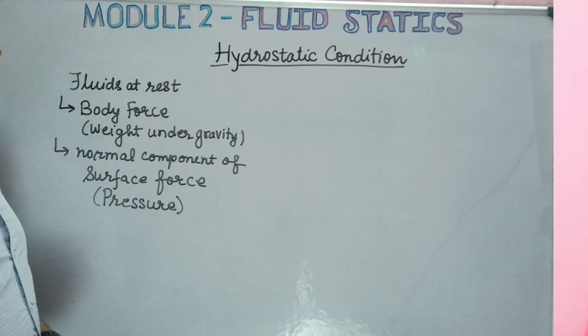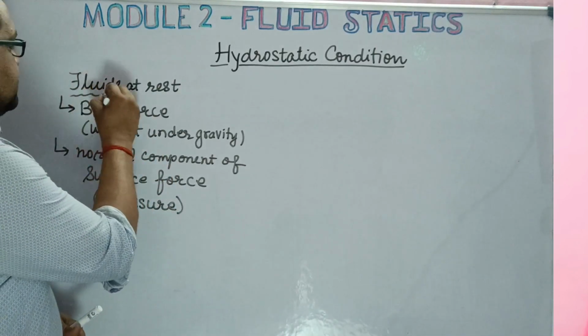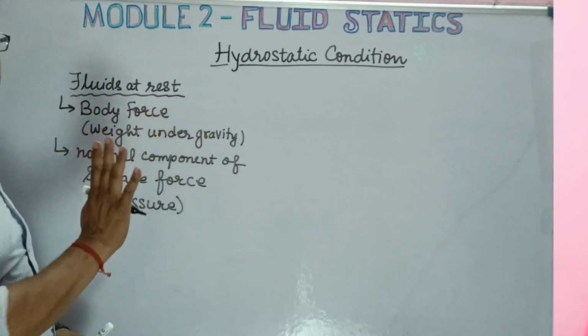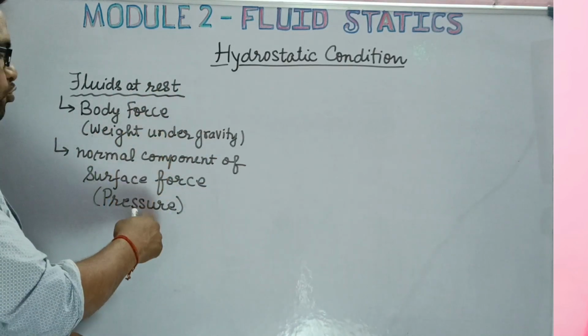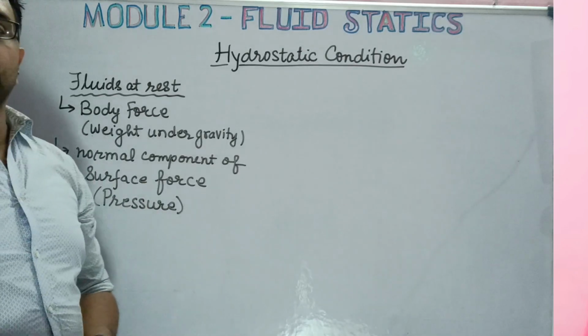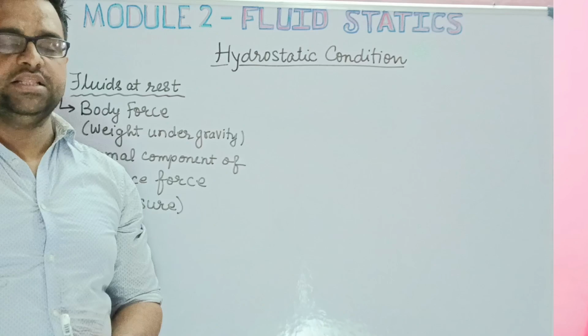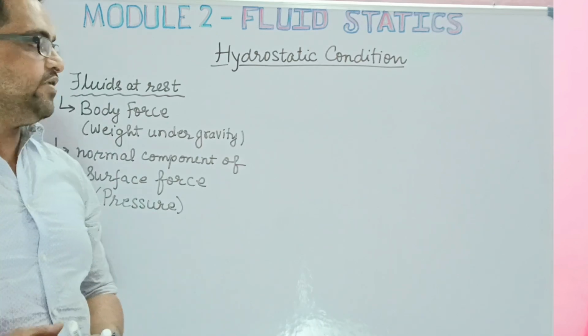So we can say that the state of rest is governed by the equilibrium of these two forces, the body force and the force due to pressure. So at static equilibrium, we can say that the body force and the pressure shall be mutually interconvertible.